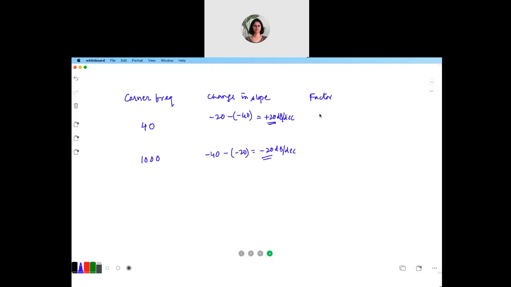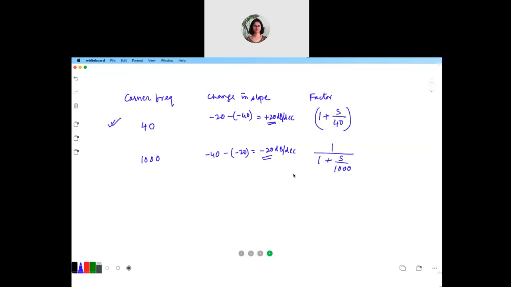So it is 1 plus s divided by the corner frequency, which is 40. So this will be the term because of the first one. For the second one, it is negative slope. Change is negative. So 1 divided by 1 plus s divided by corner frequency 1000.